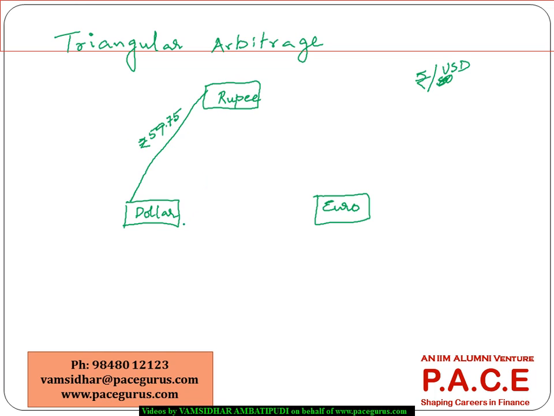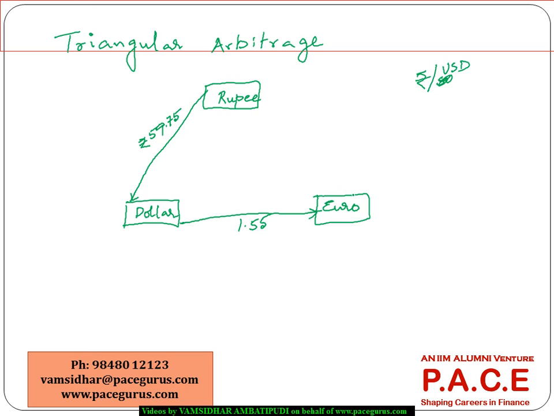Similarly, if I want to sell dollar to euro, we said it is 1.55. So converting rupee to dollar at 59.75, the dollar getting converted into euro at 1.55.